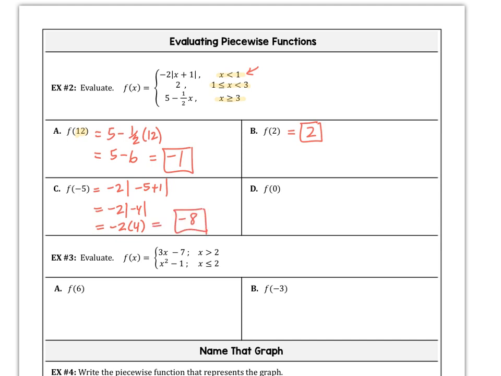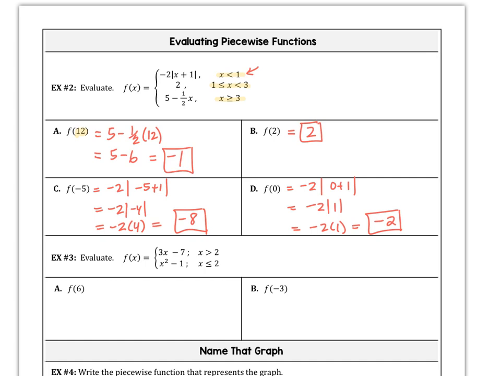Not so bad. And then the last one, f of 0 here. Oh, that's still in the same one, right? Sure is. So -2 times the absolute value of 0 plus 1, which is -2 times the absolute value of 1, which is just -2 times 1, which is -2.